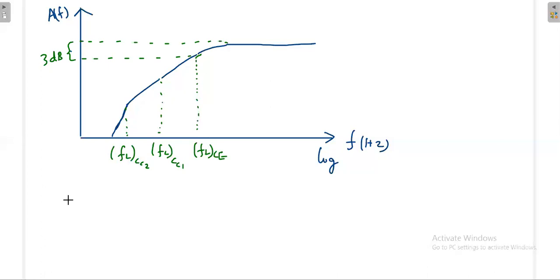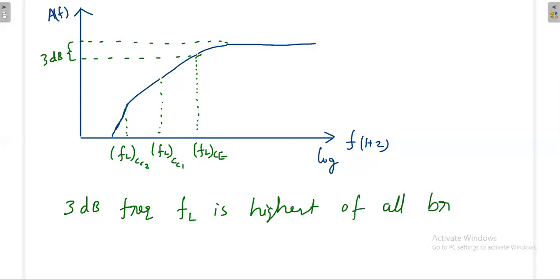So finally, what is the conclusion? The 3 dB lower cutoff frequency FL, of high pass filter nature, in low frequency analysis is the highest of all break frequencies, because the gain is changing at this frequency.